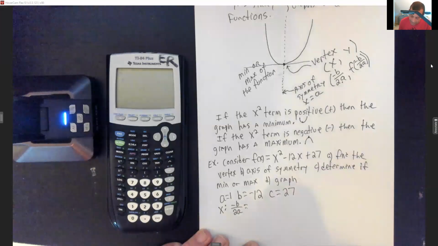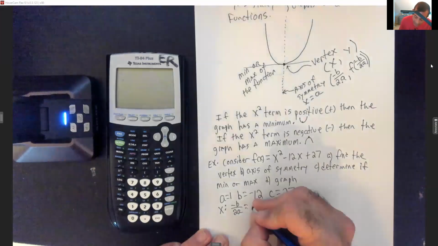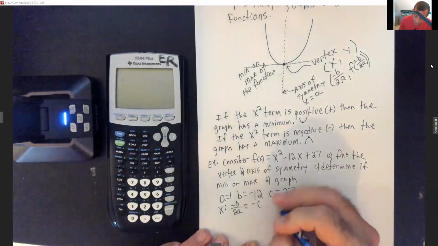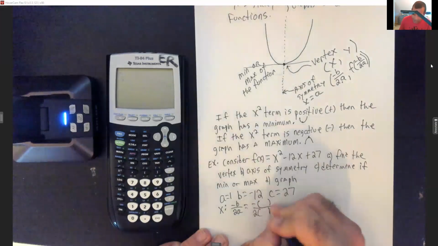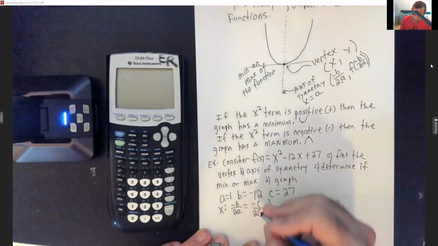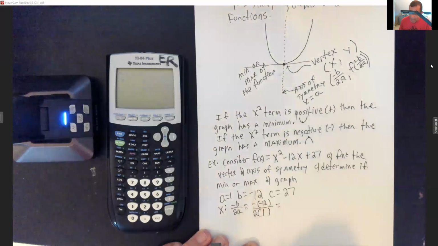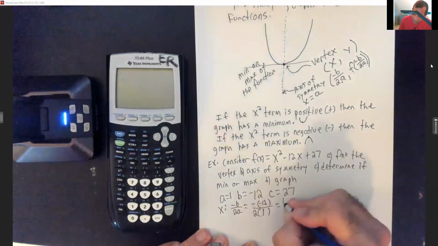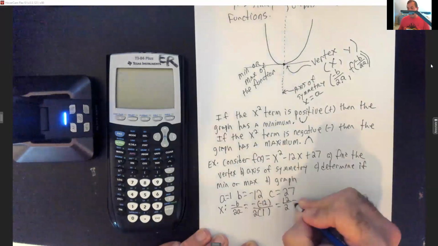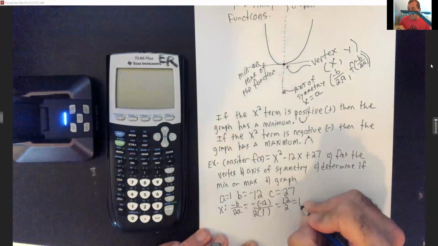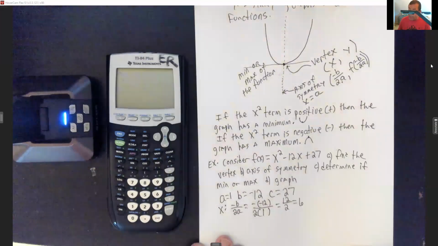All right, so negative B over 2A. B is a negative 12, A is a 1. So negative times negative makes that a positive 12 over 2, which is 6. So I know for sure the X coordinate will be 6.